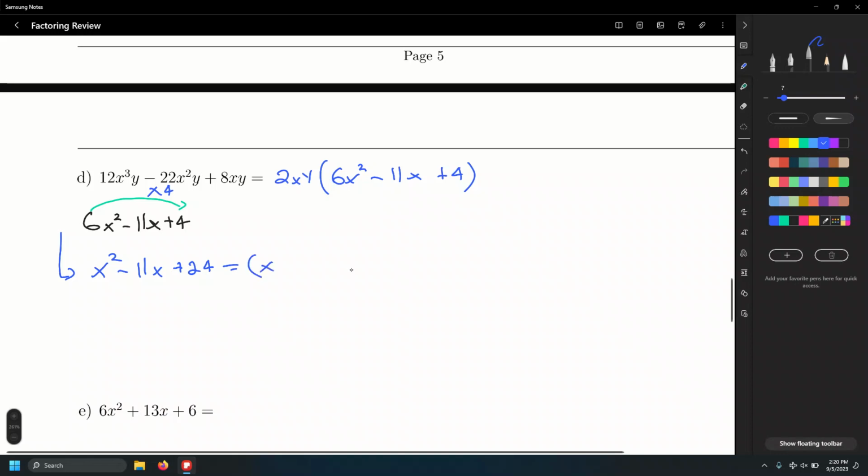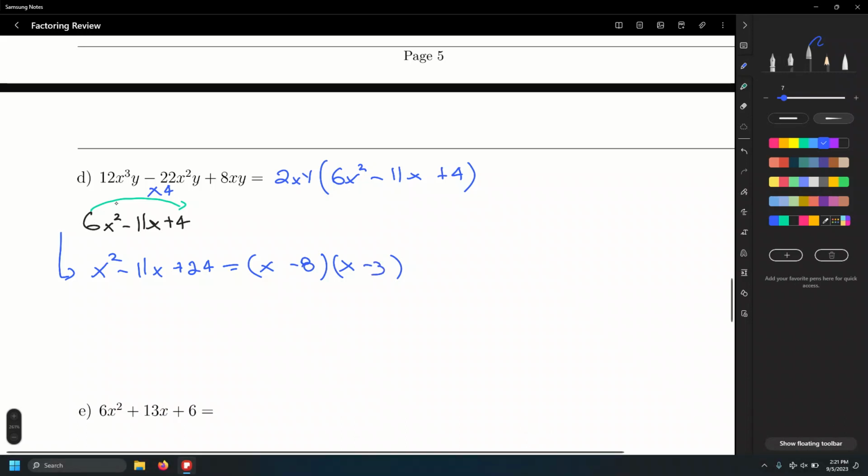Find factors of 24 that add up to negative 11. You can always refer to the same factors you got in the diamond method on the other side of the page, by the way. Negative 8, negative 3.